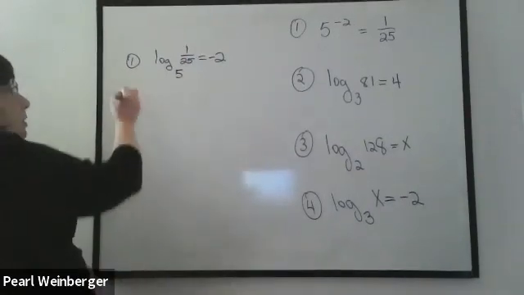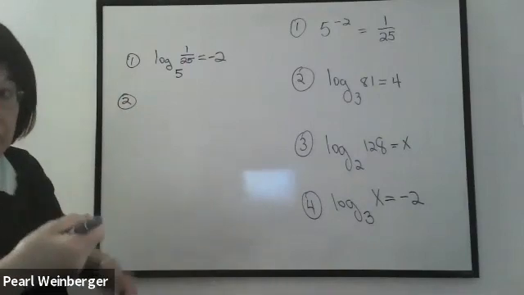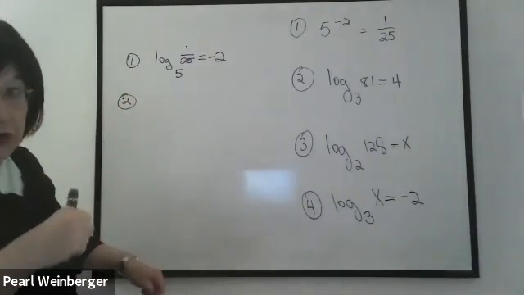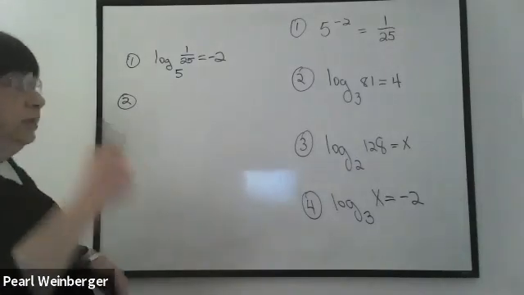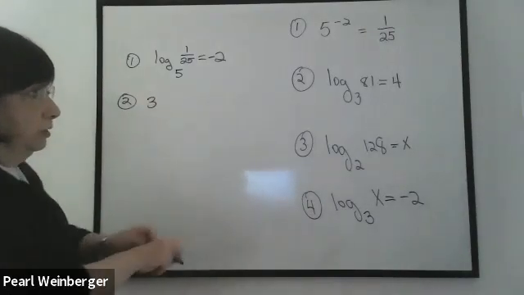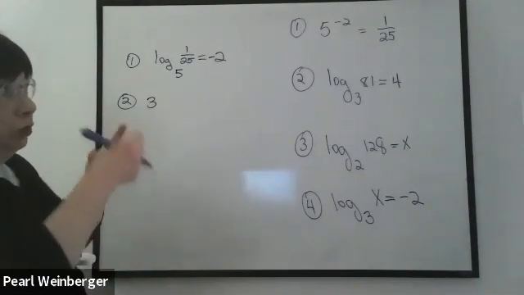Okay, let's look at number 2. Number 2 is in the log format, and we want to change it to the exponential format. So again, the subscript is the base, the number that's going to have the exponent. The number on the other side of the equal sign from the word log.